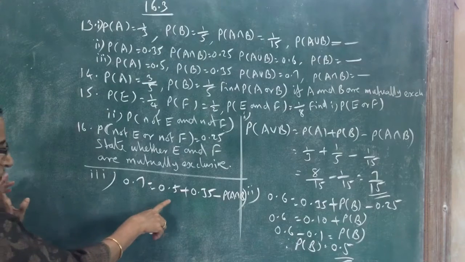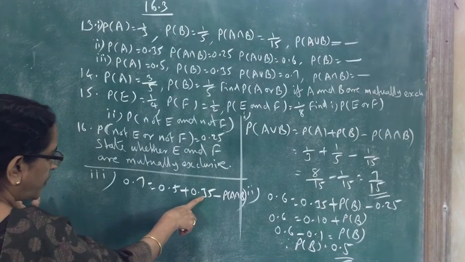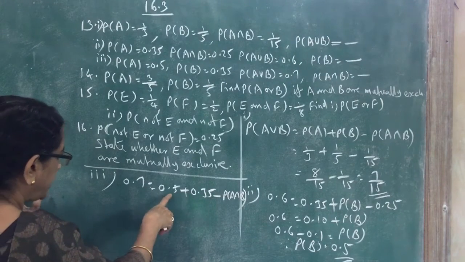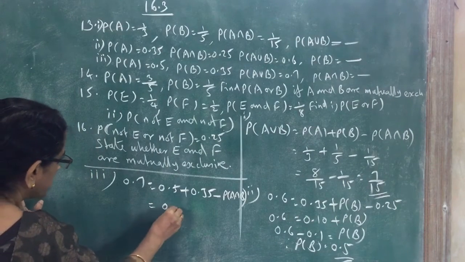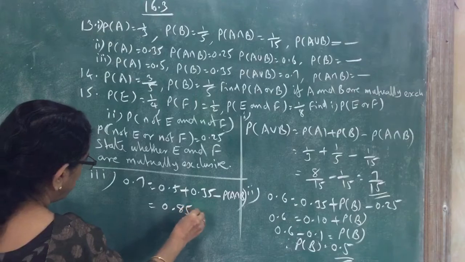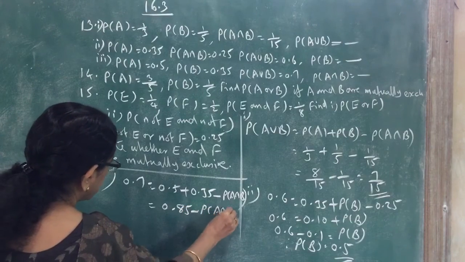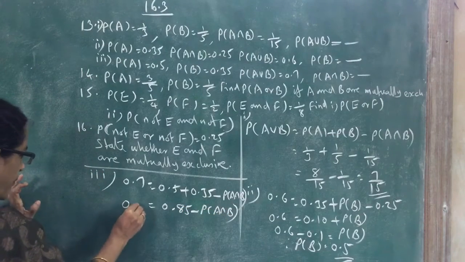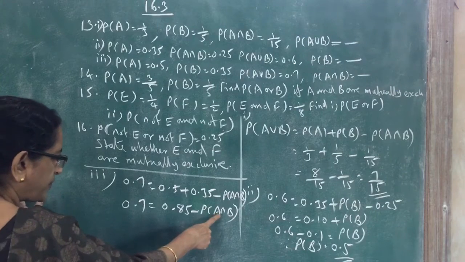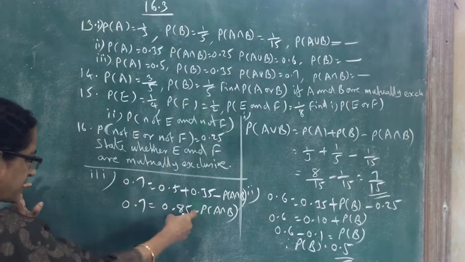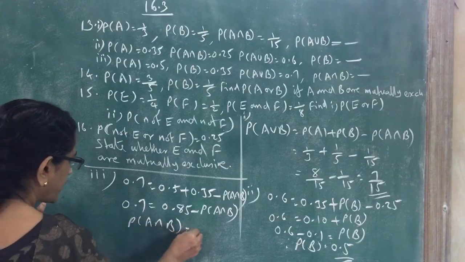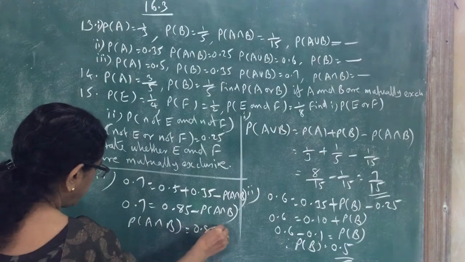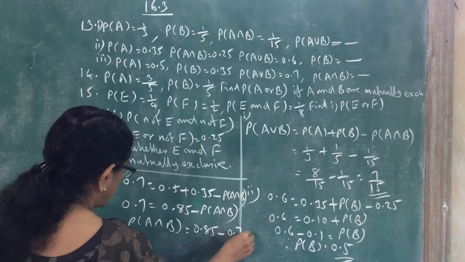0.5 plus 0.35 is 0.85. So 0.7 equals 0.85 minus probability of A intersection B. Now we can take probability of A intersection B to this side and 0.7 to the other side. So probability of A intersection B equals 0.85 minus 0.7.